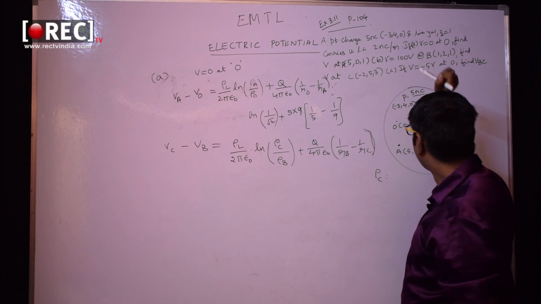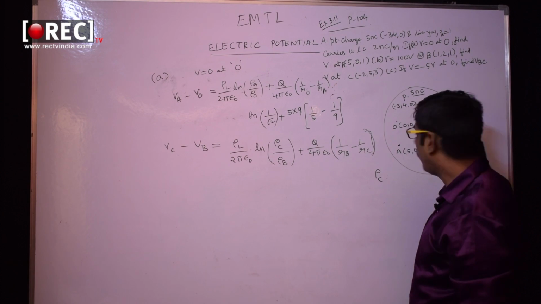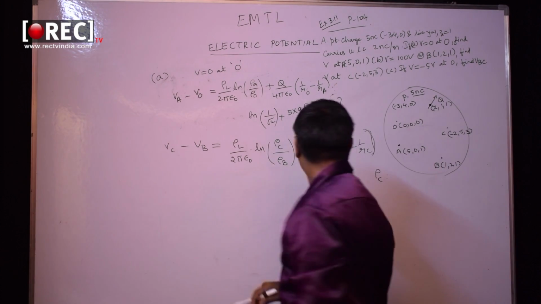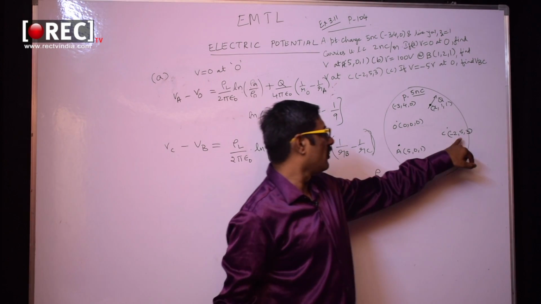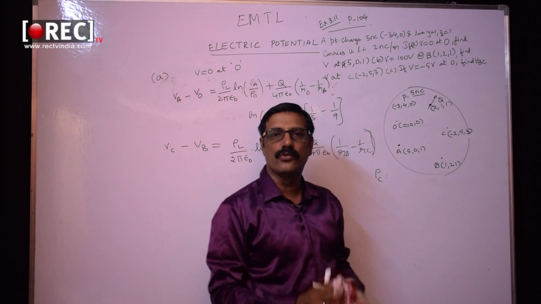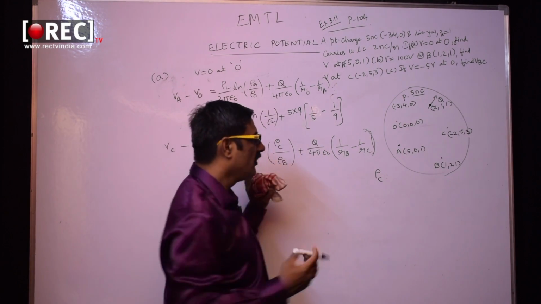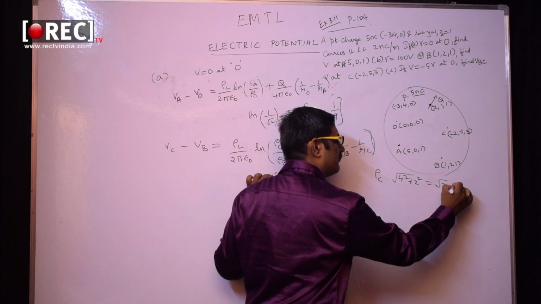So we neglect the x coordinate of both the line charge and the point C. Taking only the y and z coordinates, it is the square root of 5 minus 1, which is 4 squared, plus 3 minus 1, which is 2 squared. In total it is the square root of 4 squared plus 2 squared, which equals root 20.